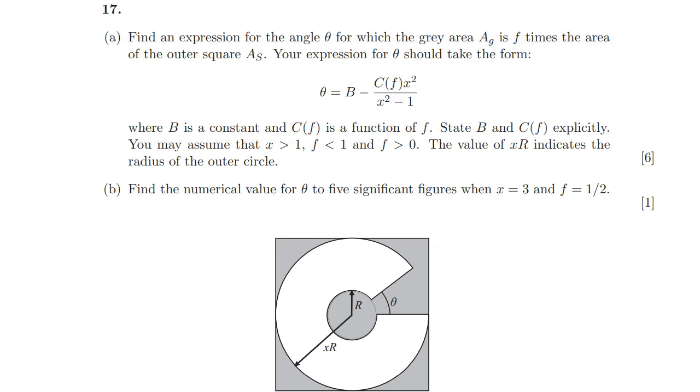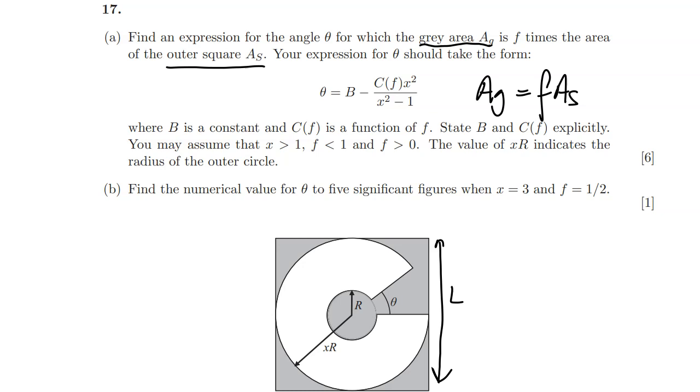So, we need an expression for the grey area AG and the outer square AS, and we're told in the question that AG equals f times the area of AS. So AS will be this length L squared, because this is a square.